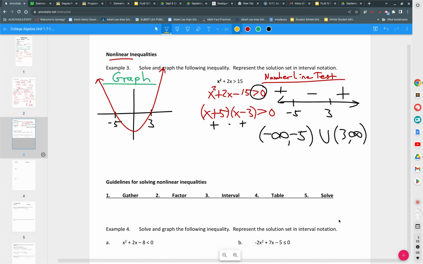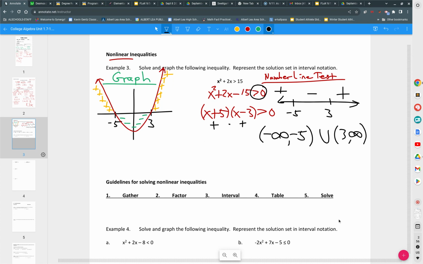We say that if a parabola is above the x-axis, that's where it's positive. If it's below the x-axis, then it's negative. So notice how this inequality compares to what we just set up.